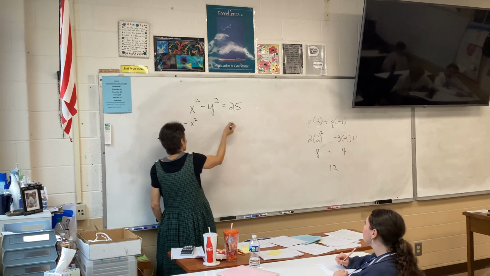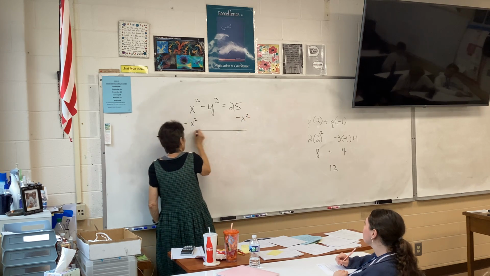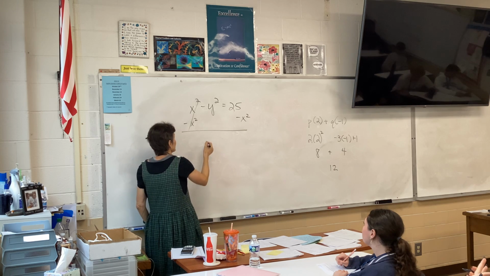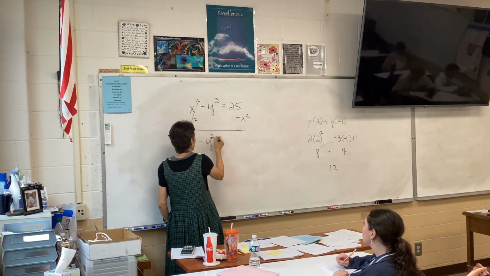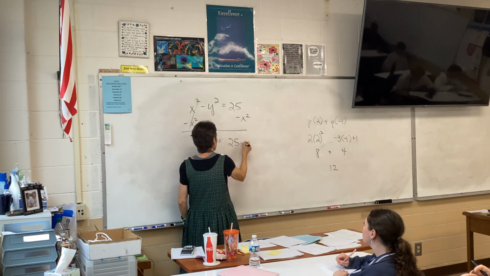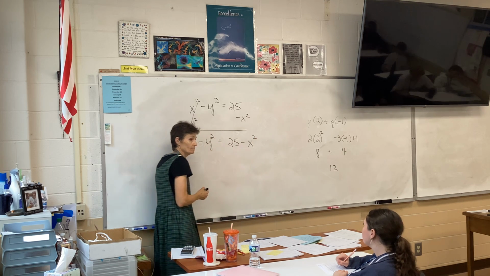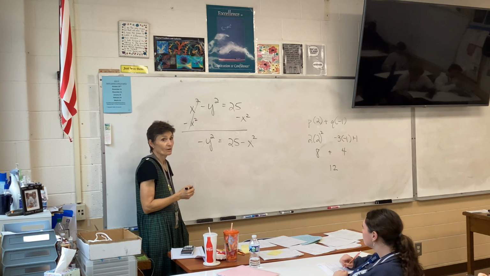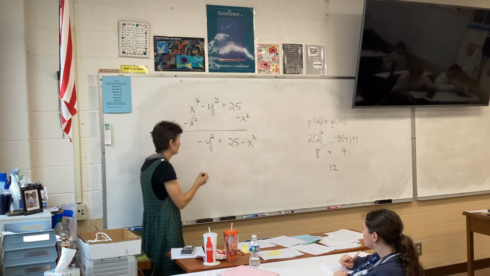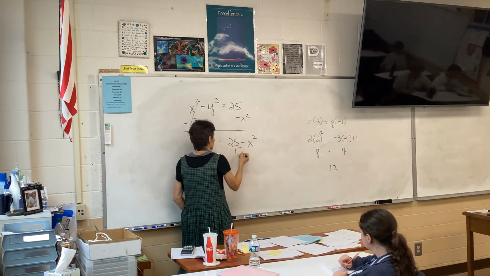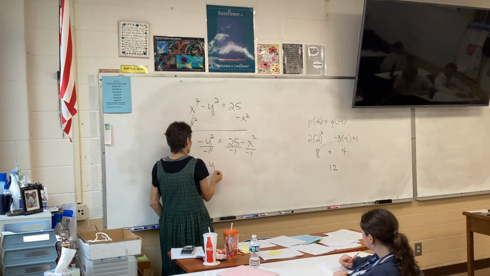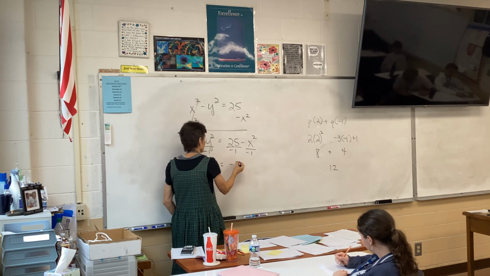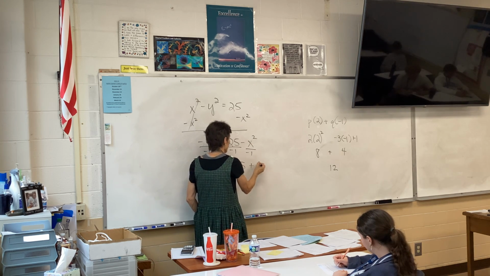If you decide you're going to subtract x squared, I'm 100% for that. But then you have negative y squared equal 25 minus x squared. So you're going to have to divide by -1. So now we have y squared equal to negative 25 plus x squared.